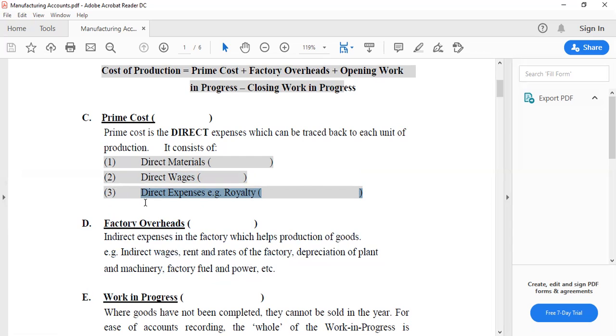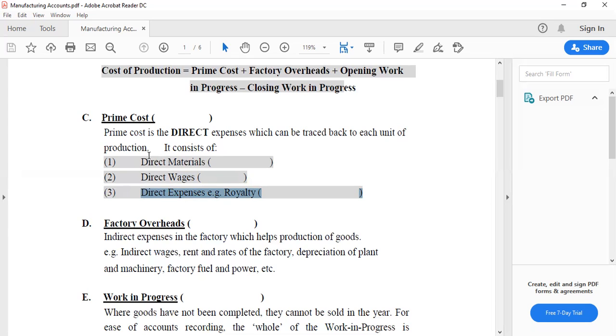That's a direct expense because it has been incurred in the production of this product. But we also have indirect expenses like advertising expenses, which may have been incurred by the organization but cannot be directly traced to that final output. So, Dennis.